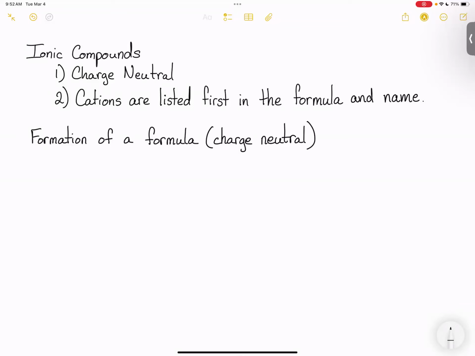So let's just take sodium and oxygen. Sodium is in group 1, so it always carries with it a +1 charge. Oxygen is in group 16, so it always carries with it a 2- charge. If I were to add this together, +1 -2, the question is, does that equal 0? And the answer to that is no.